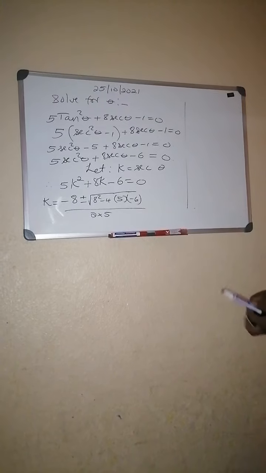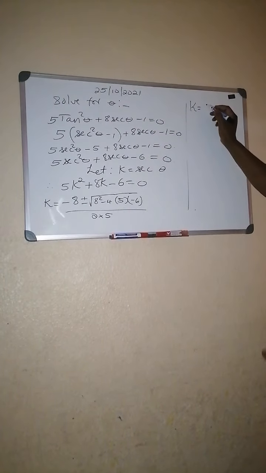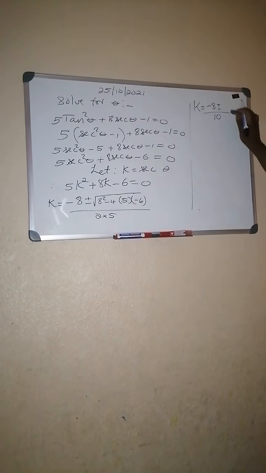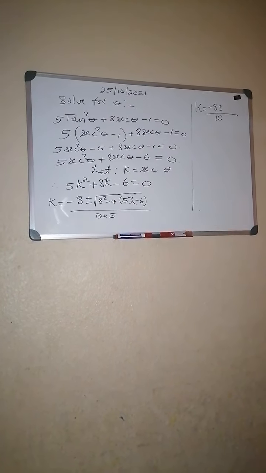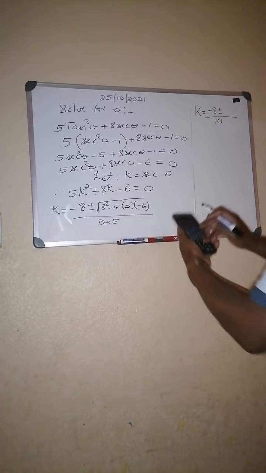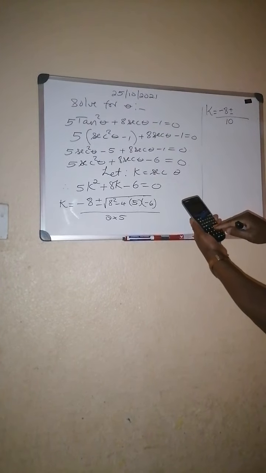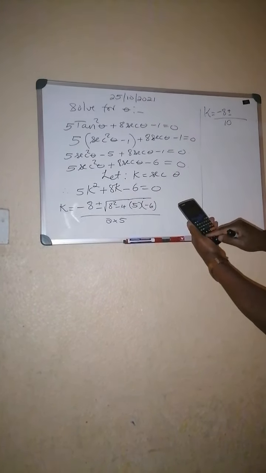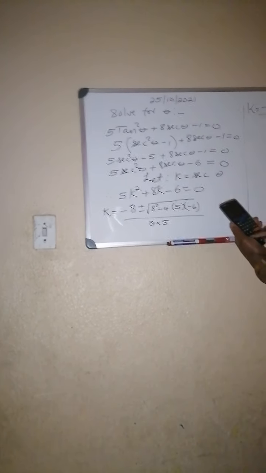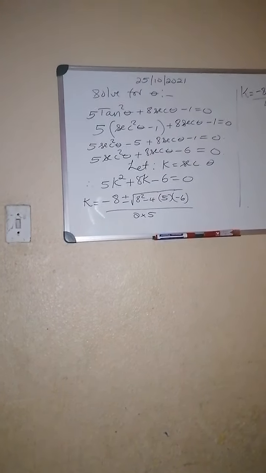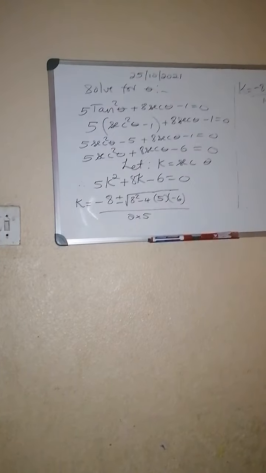Now, this will then be k equals minus 8 plus or minus, this is 10. Now I need to simplify that quickly with the aid of the calculator. Let me put in all these values.